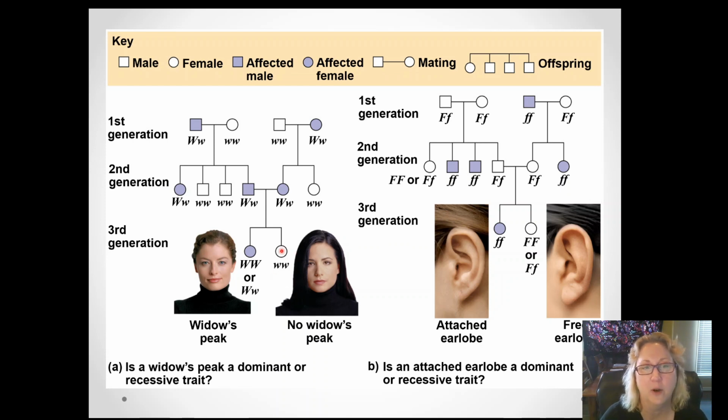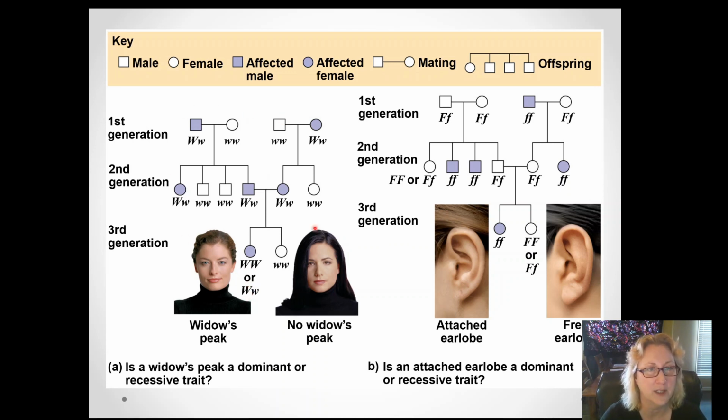They have to be homozygous for the recessive allele if they're expressing the recessive phenotype. So if you don't have a widow's peak, then we know your genotype. If you have a widow's peak, we don't know right away what your genotype is because there's 2 possibilities. If you have the dominant phenotype, you might be homozygous or heterozygous. We have to look at the rest of the family tree to tell.